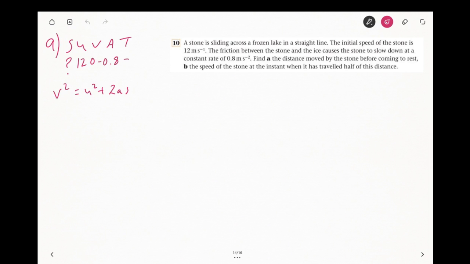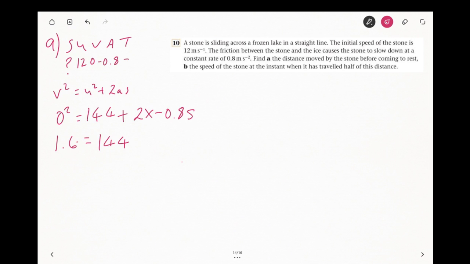So what I'll do now is substitute the values in. I have 0² = 144 + 2 × (−0.8) × s, and obviously the s at the end. Rearranging that, I now get 1.6s = 144.